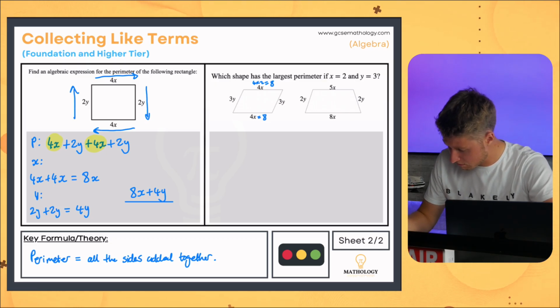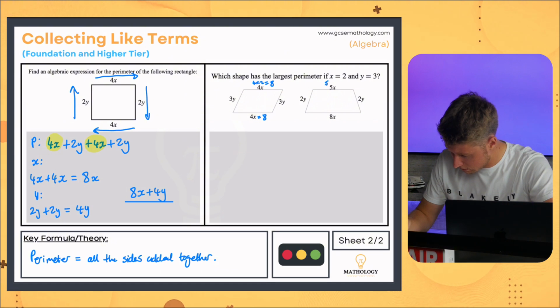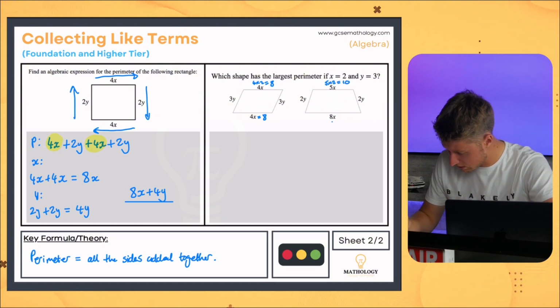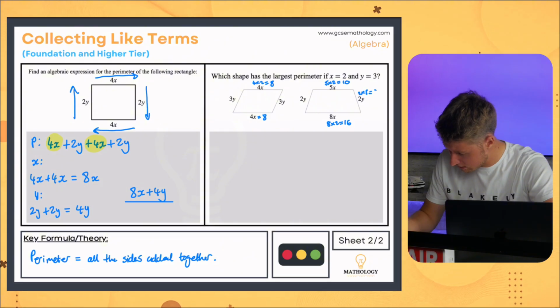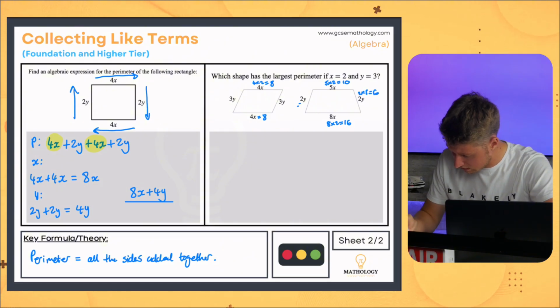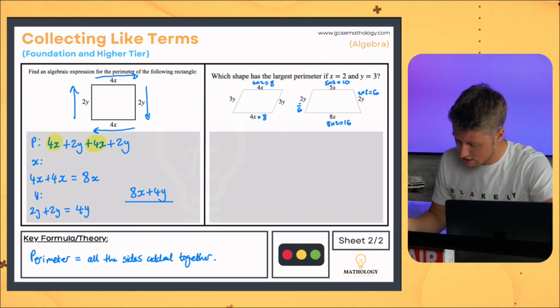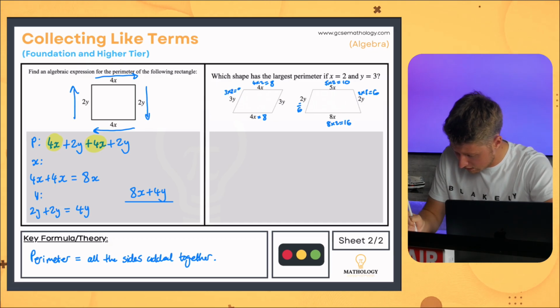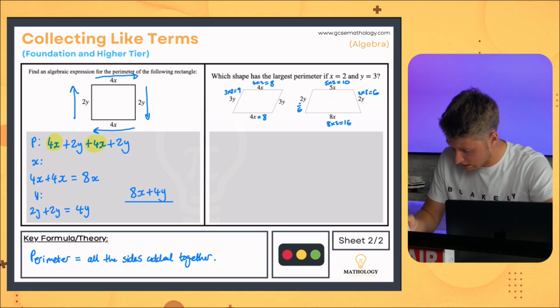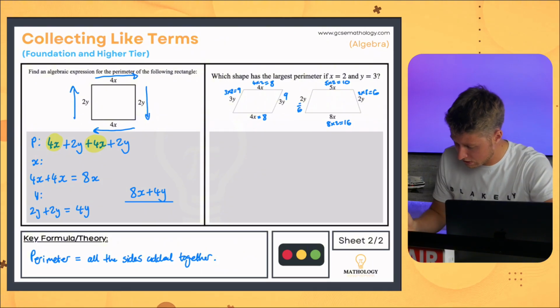For the trapezium, we've got 5 times 2, which is equal to 10, and 8 times 2, which is equal to 16. 2y, 2 times 3 gives us 6, so this is equal to 6 as well. 3 times 3 is equal to 9, so this side's 9 and also this side's 9.